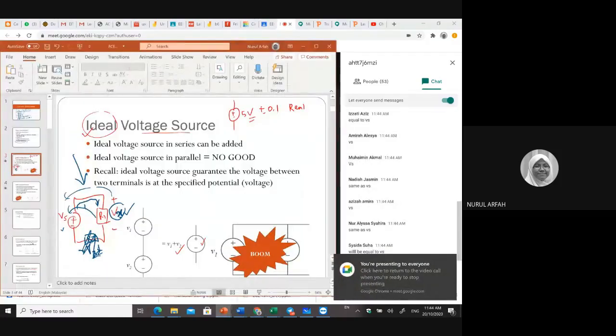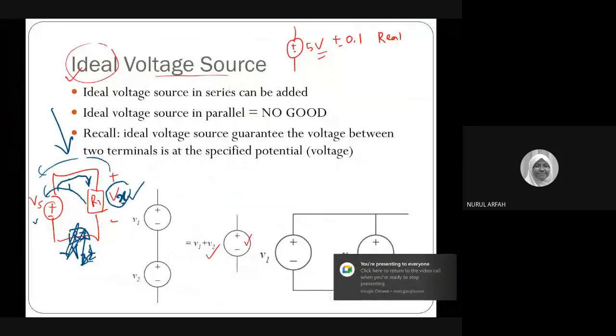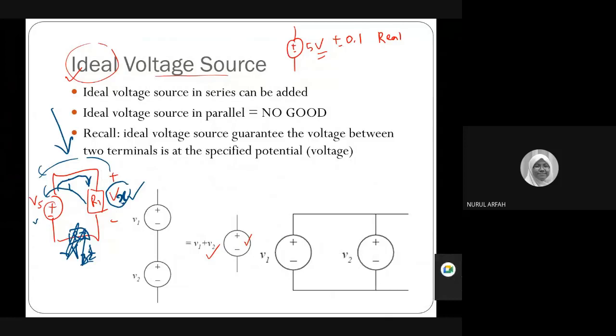Okay, let me zoom this one. So if you have this configuration on your right side, V1 and V2, you're supposed to have exactly the same value. They should be equal to each other.